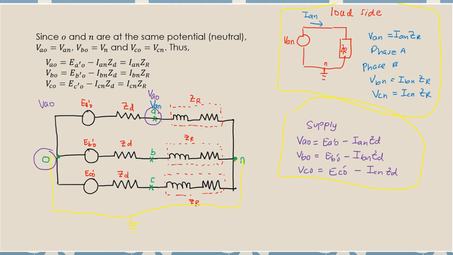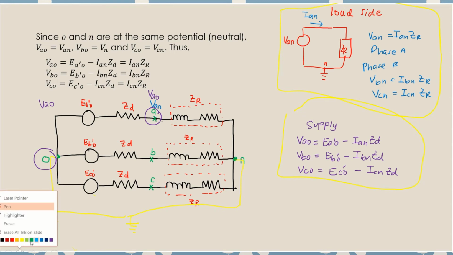Based on what we said just now, O and N are at the same potential. So that's why we can say that VAO equals VAN.